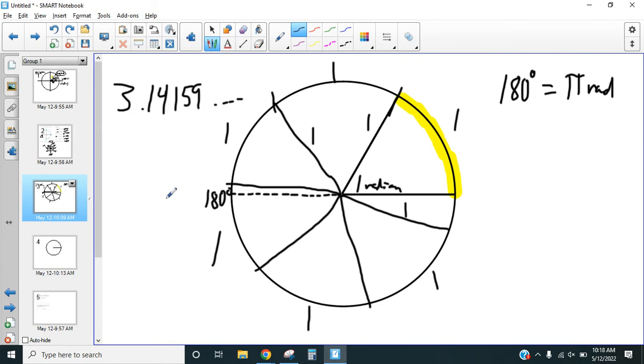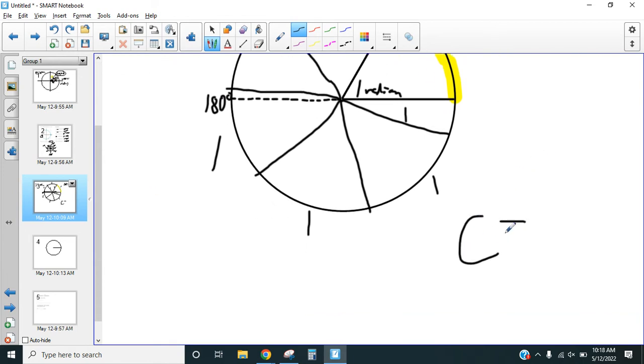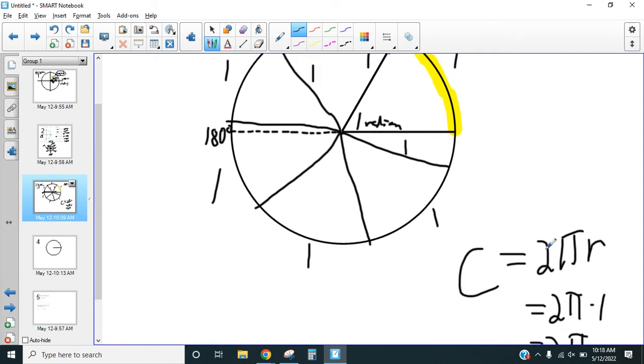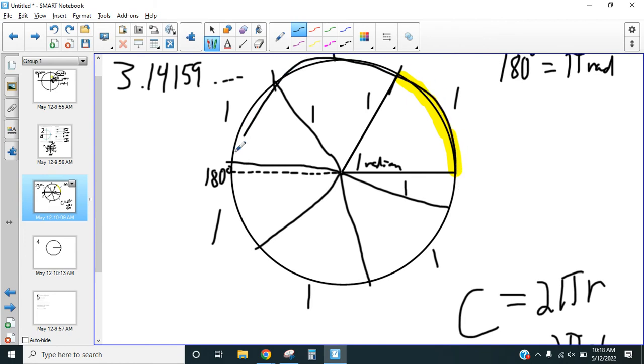Now, what it really comes from is the circumference of a circle. The circumference of a circle is 2 pi r. So what if the radius is 1? That means the circumference is 2 pi, which is saying the distance all the way around is 2 pi. But that's the way we measure radians.